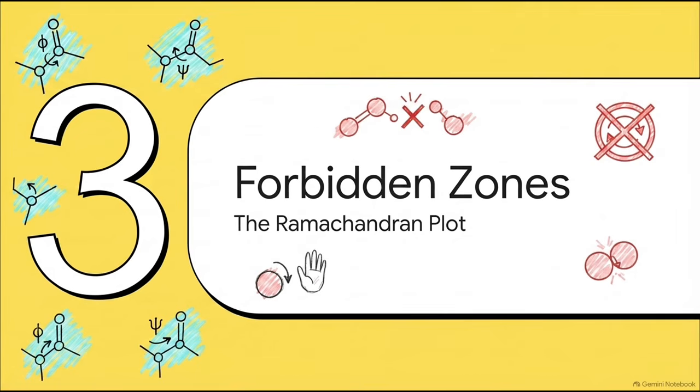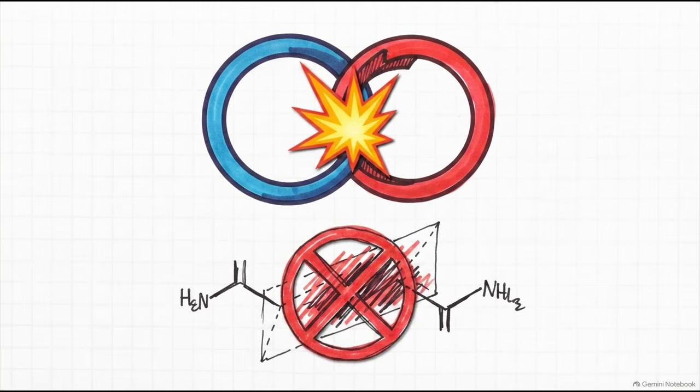Part 3. Mapping the Forbidden Zones, the Ramachandran Plot. Because, well, here is the catch. Not every rotation is physically possible. In theory, our hinges phi and psi can rotate a full 360 degrees, from -180 all the way to +180. But in physical reality, atoms actually take up space. They have a specific size based on their van der Waals radii.